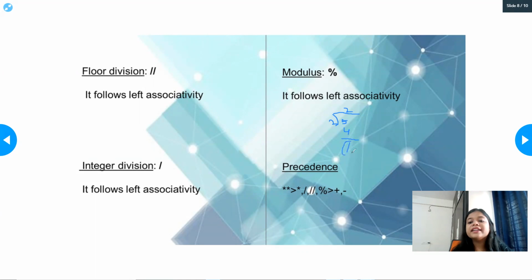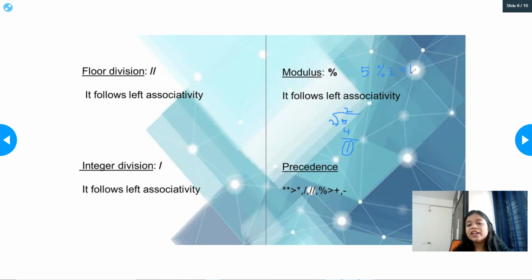So this remainder is nothing but modulus in programming languages. So if I write something like 5 modulo 2, I'm going to get 1.